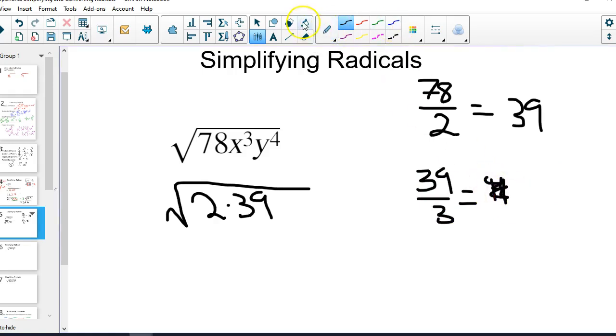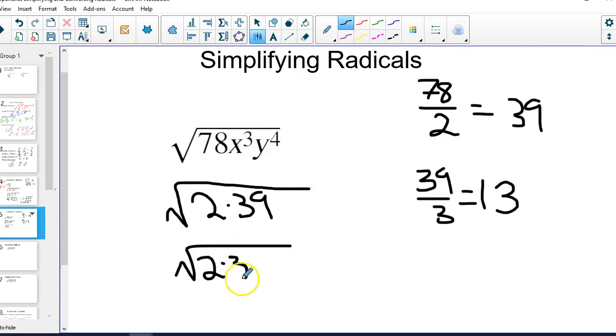I can erase that instead of just crossing it off. We get 13. So we have 78 is equal to 2 times 3 times 13, and everything else is still staying the same in there.